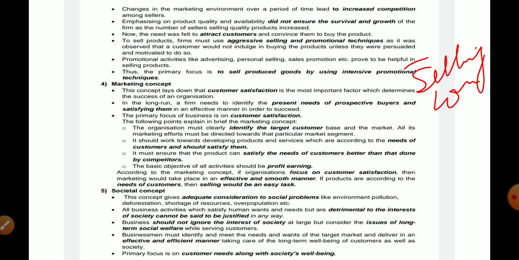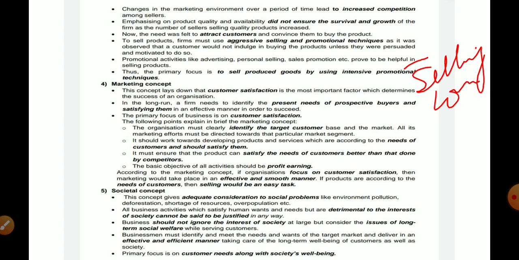Now, the most important concept is the marketing concept. This concept focuses on customer satisfaction, as they think if the customer is satisfied with their product, they will repurchase and also suggest other customers to buy from this firm.